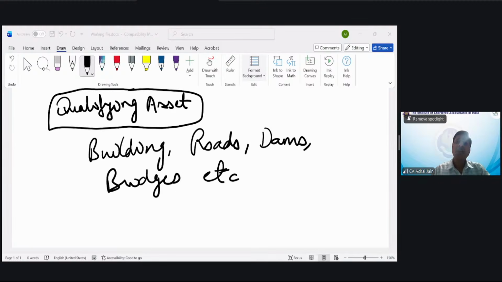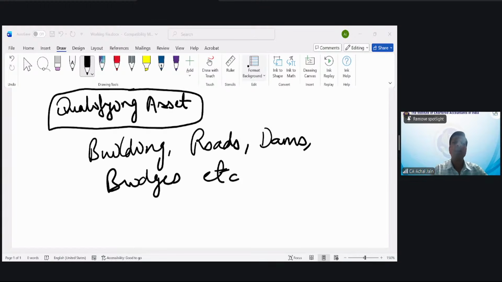These are the assets which can be considered as qualifying assets. The definition of qualifying asset is very simple. Do we have any other technicality therein? No. So what do we need to check? An asset taking a substantial period of time to get completed.